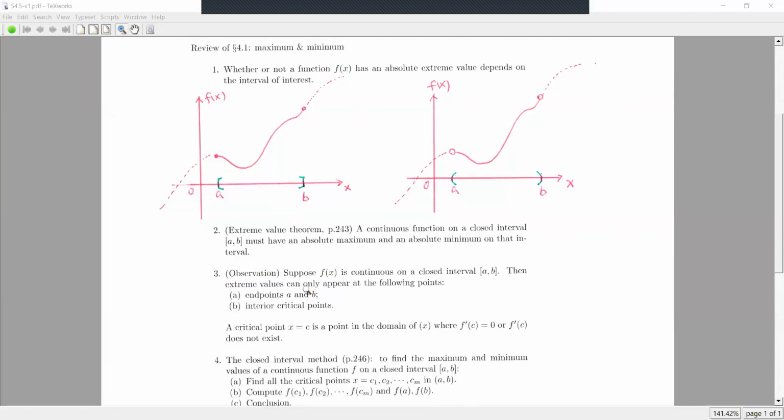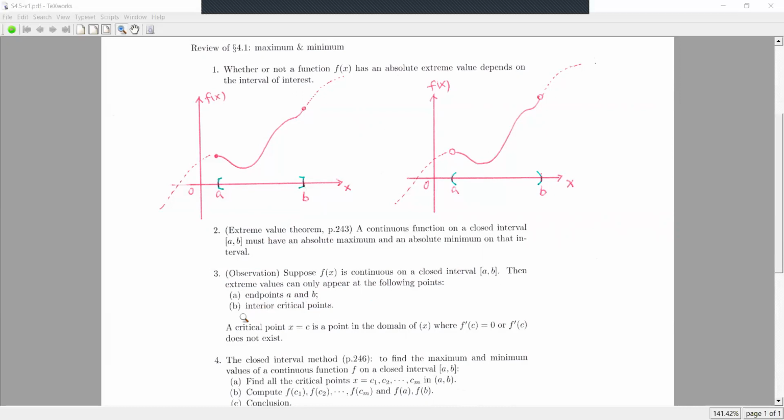A function is continuous on a closed interval, so by the extreme value theorem, the function has a maximum and a minimum. Then the maximum and minimum can only appear at the following points. They cannot appear at other points. Maximum and minimum can appear at endpoints. This is one example.